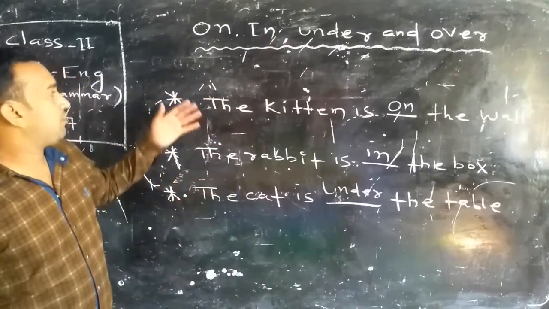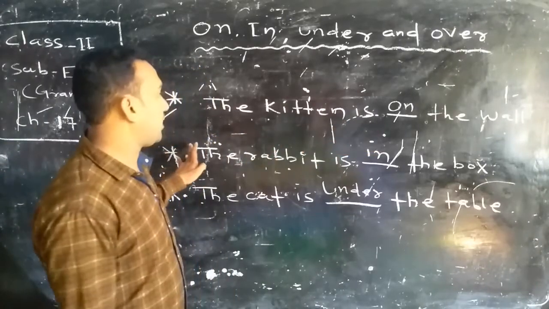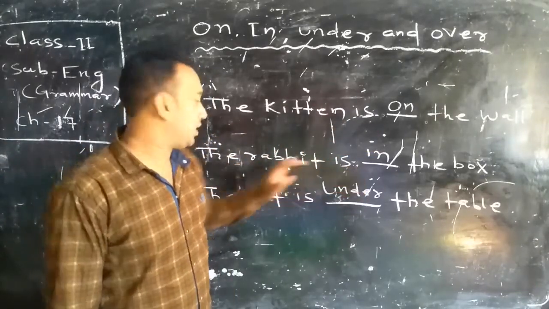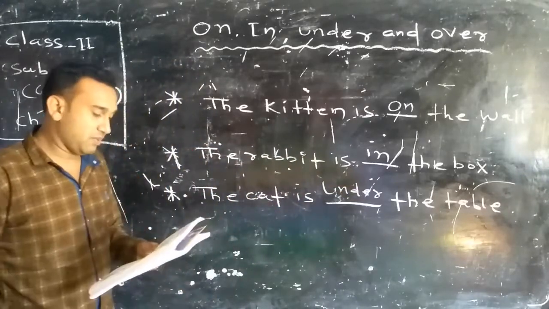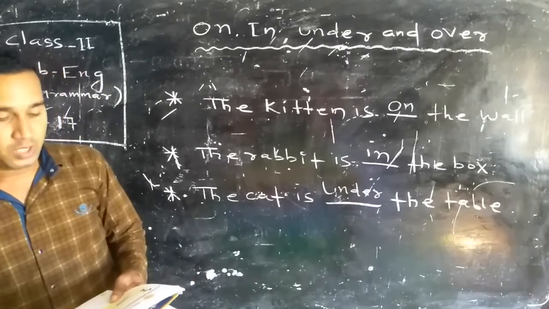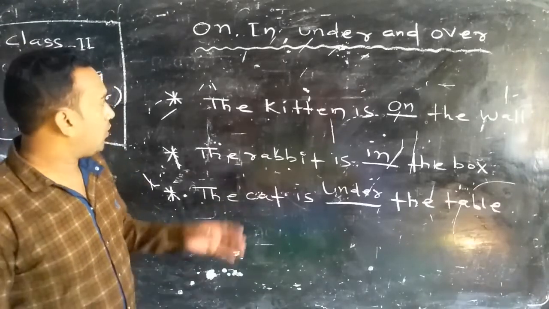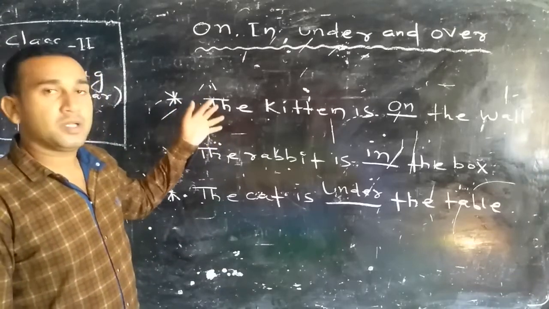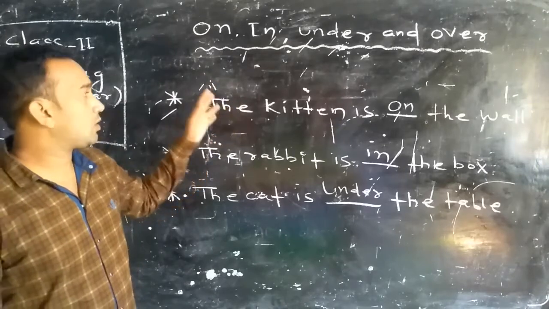So dear student, first number we have to complete it using on, then second number you have to complete it in, then third number you have to complete it under. Okay. So first you see the picture, then you have to use your own idea, then you have to fill in the blanks. See the blackboard properly and write in your notebook or note copy.